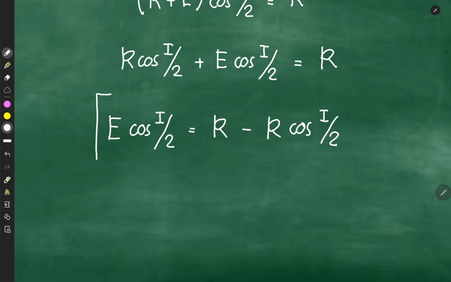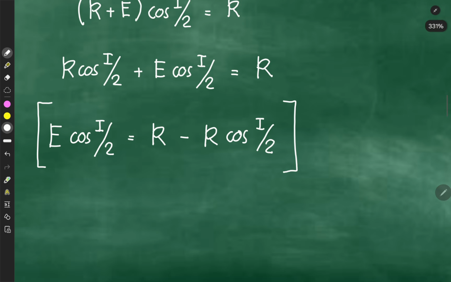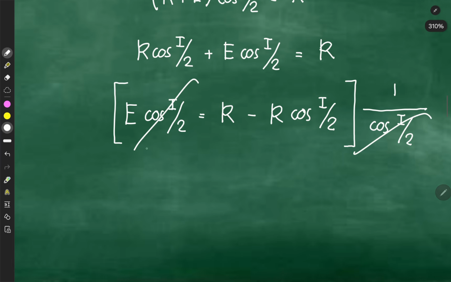Or mag-multiply tayo ng 1 over cosine I over 2. Okay? So if this will be multiplied dito, so makancel lang yung cosine I over 2.